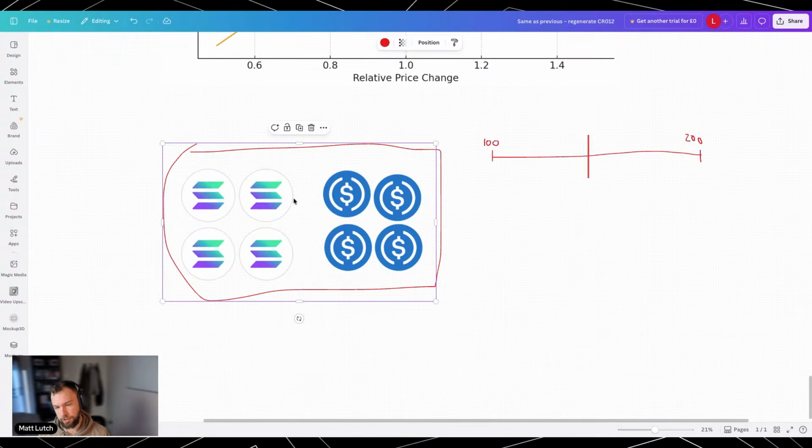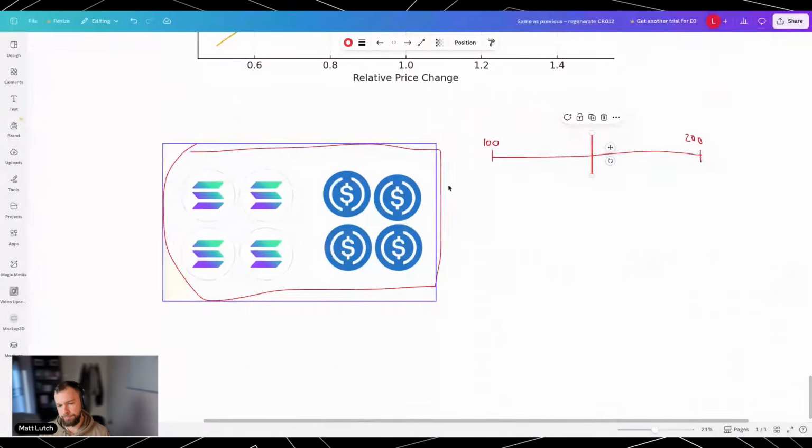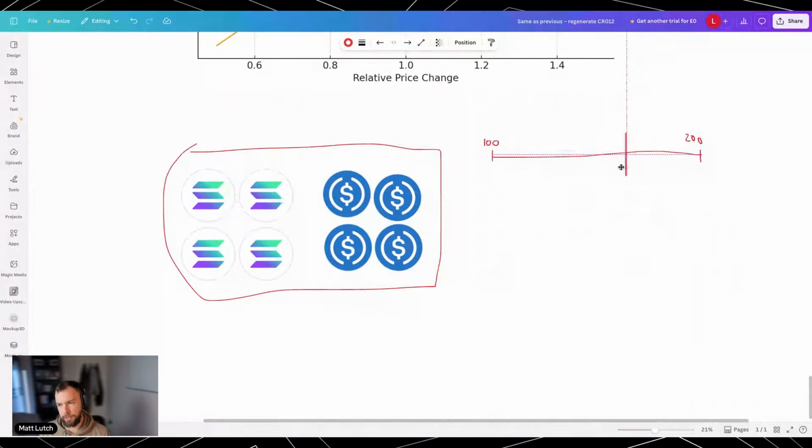You've got 4 Solana, an equal amount in USDC, right in the middle here, and your balance of the pool is 50-50. And what happens is, throughout time, as the price goes up or down, relative, this will be Solana to USDC, the composition of the pool would change.